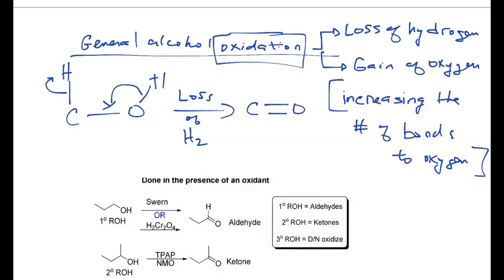If you use transition metals, sometimes it'll happen through some type of insertion and reductive elimination, or if you use a reagent like the Swern, you do a different type of elimination, right?